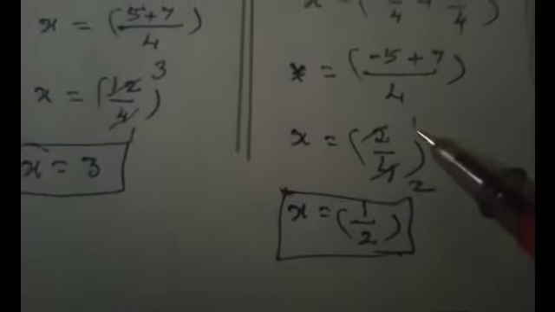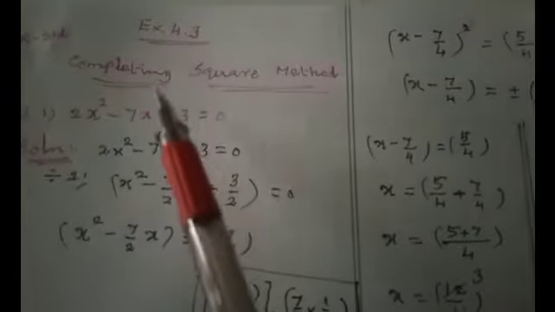Similarly, x is equal to minus 5 by 4 plus 7 by 4. On taking LCM, minus 5 plus 7 is plus 2 by 4, on cancellation we will get x is equal to 1 by 2. Therefore, the value of x is equal to 3 and the value of x is equal to 1 by 2. So, this is the method of completing the square.